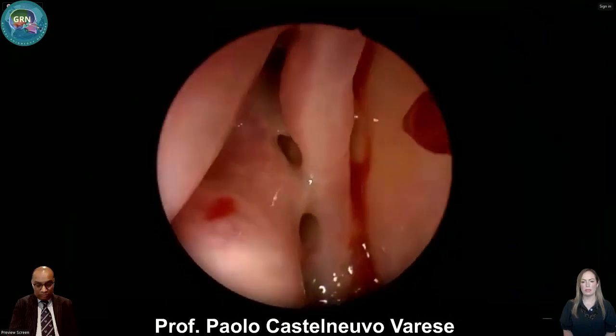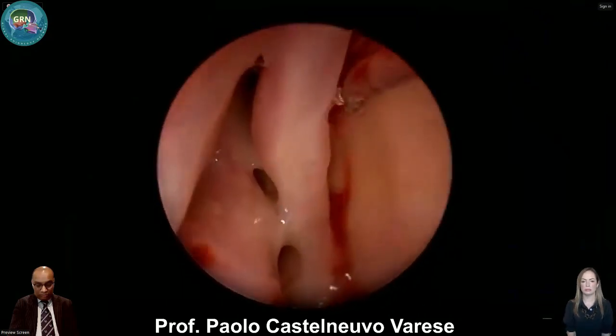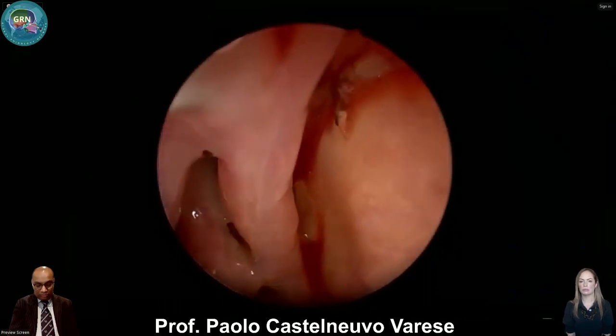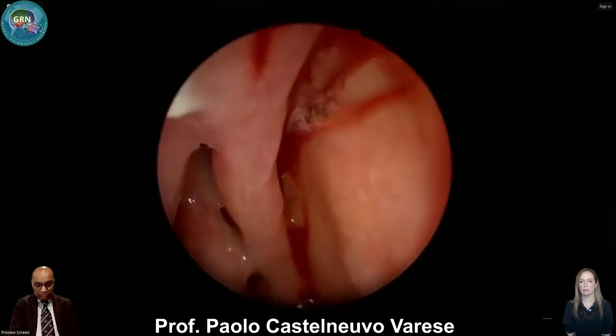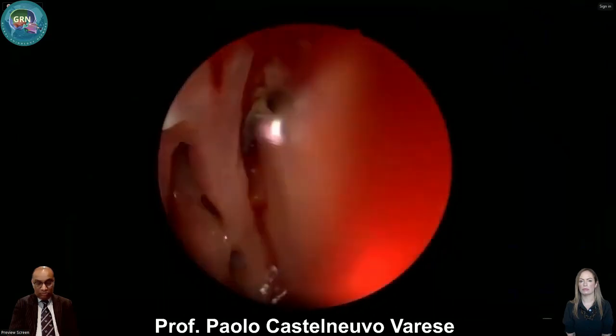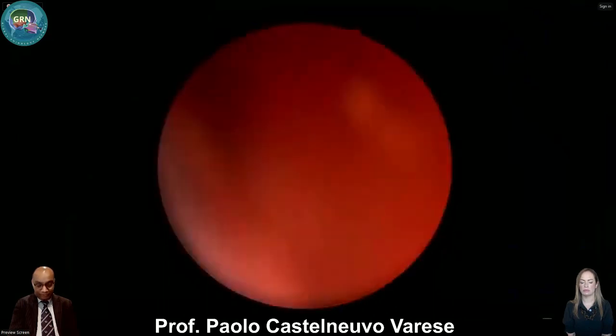So the 45-degree scope, and this is the anterior incision with the laser.